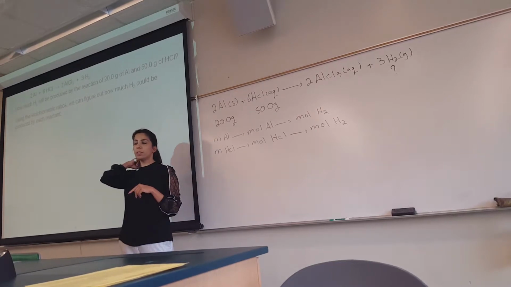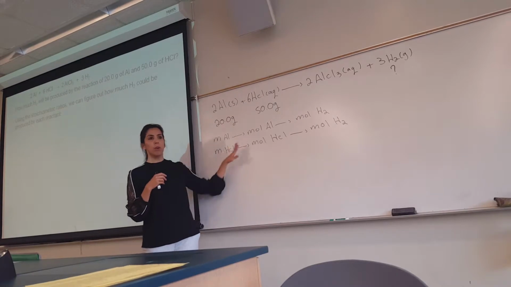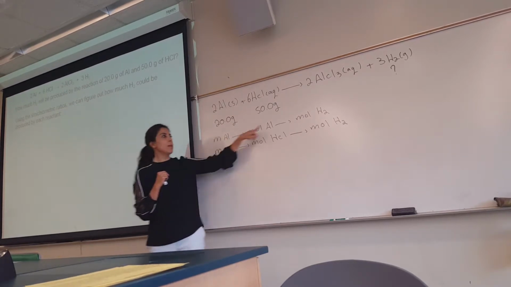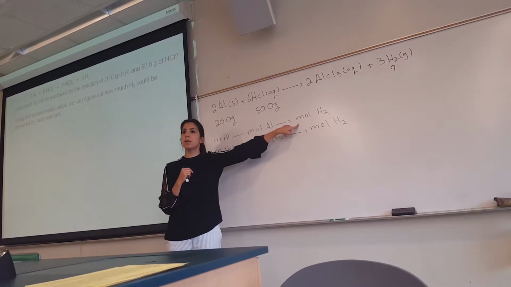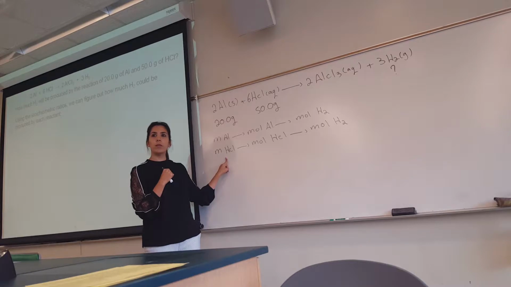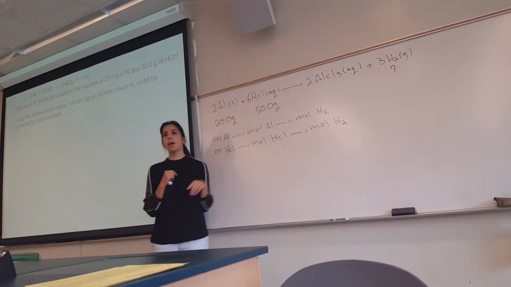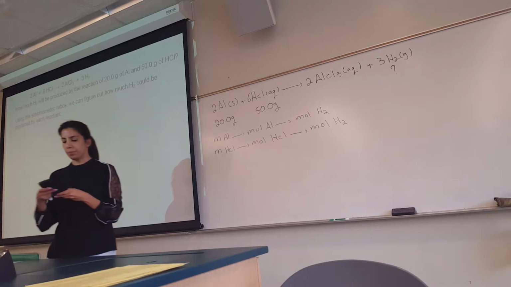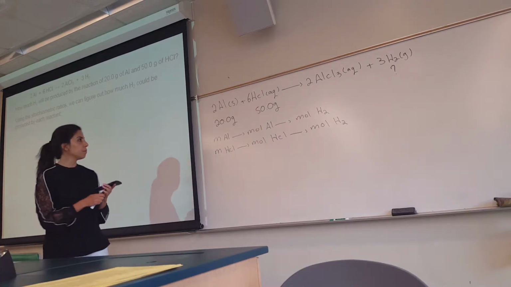And from there, we decide if they are in a stoichiometric ratio or not. So how about you all try with me? Start with 20 grams of aluminum and tell me how much hydrogen gas you would expect to get. Starting from 50 grams of hydrochloric acid, find out how much hydrogen gas would be produced.